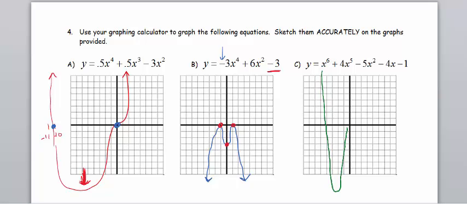It's going to come back up, and it's going to touch right at 0, 0, and go back down, and then shoot back up. Now, little mistake there on my part. I'm sorry about that. Let me correct that, because it doesn't go at 0, 0, but it does go at -1.